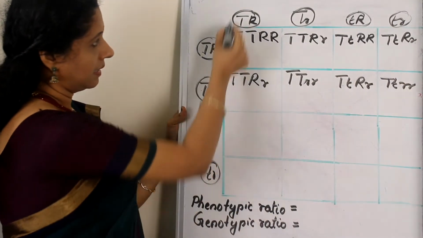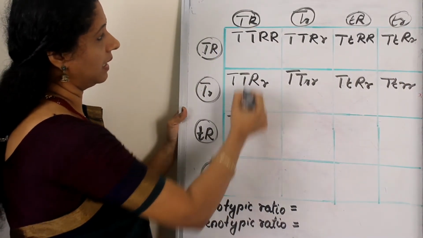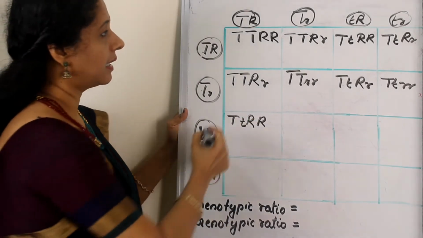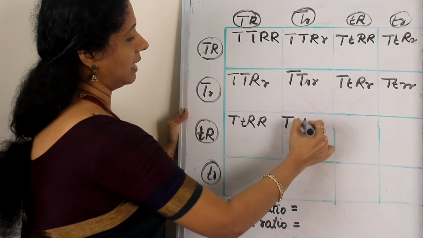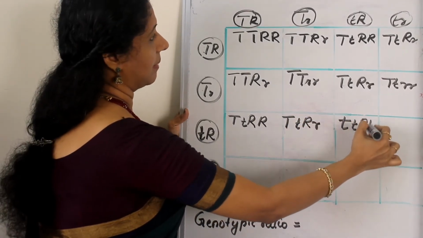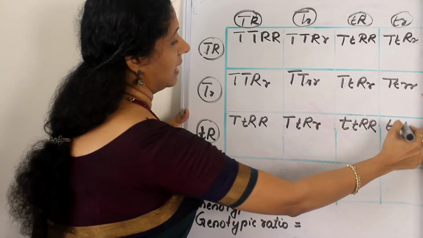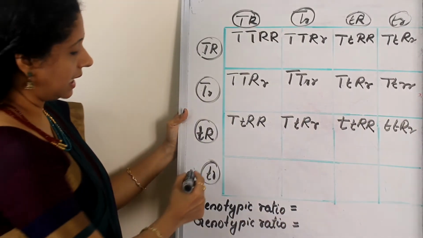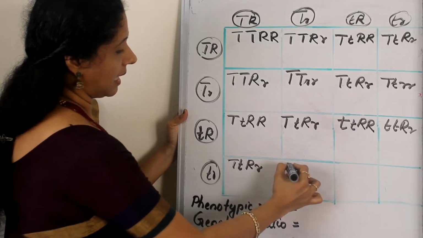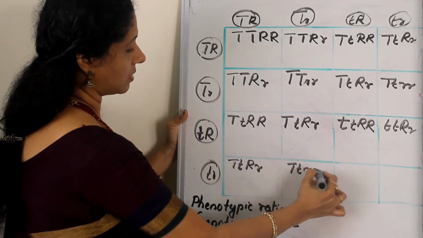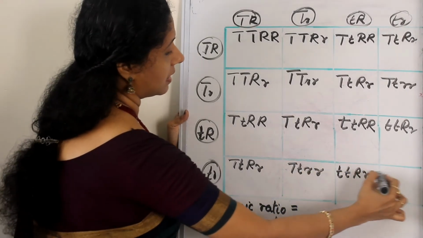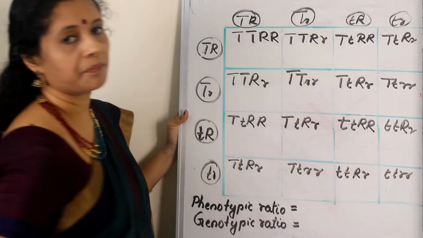Then capital T, small t, capital R, small r, small t, capital R, small r, small r, and so on until the last one, small t, small t, small r, small r.